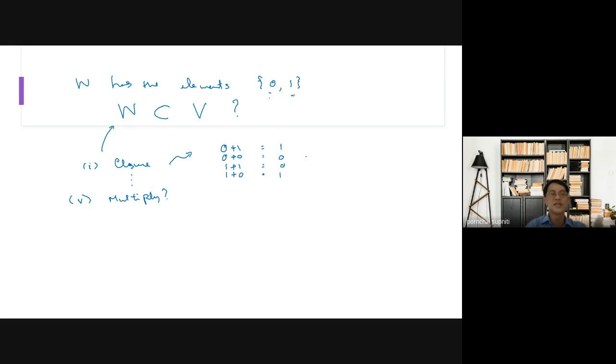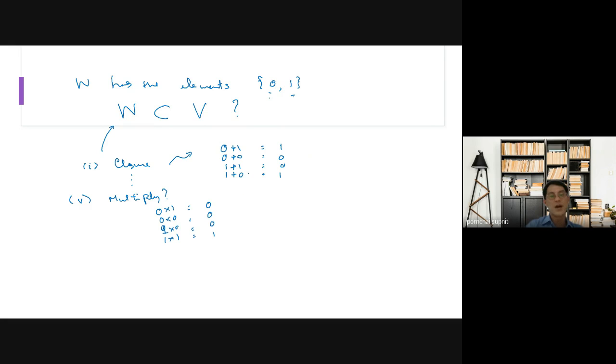So it's always in W. If you do multiplication, you have 0 multiplied with 1, 0 with 0, 1 with 0, 1 with 1. Well, it's always either 0 or 1. So it's also in W.